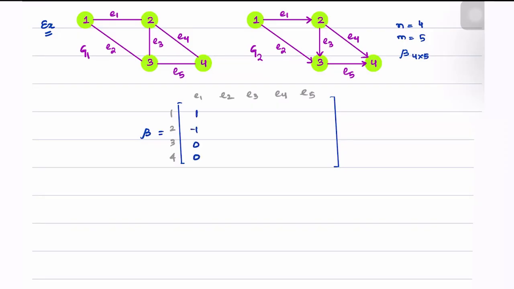The other two entries are 0. E2 starts at 1, ends at 3. The rest are 0. E3 starts at 2 and ends at 3. The rest are zeros. E4 starts at 2, ends at 4. And the last one is E5, which starts at 3 and ends at 4. So this is the incidence matrix that we can construct for an undirected graph.